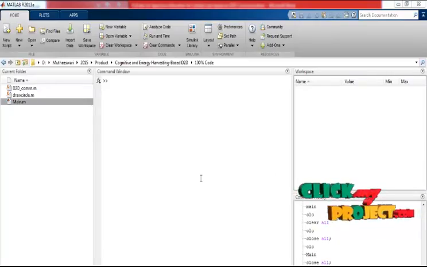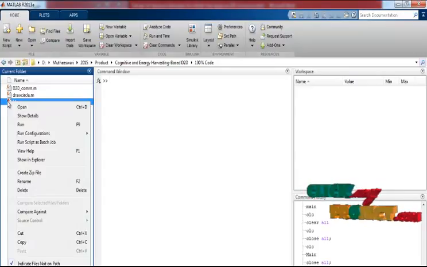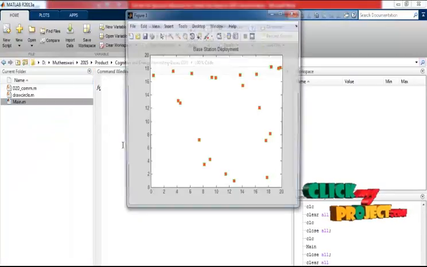Let me discuss the running procedure for our process. Select the main.m file in the current folder, right click the file and run it for executing this process.